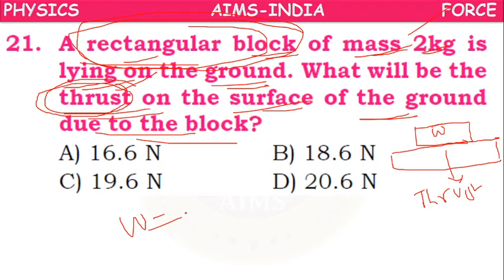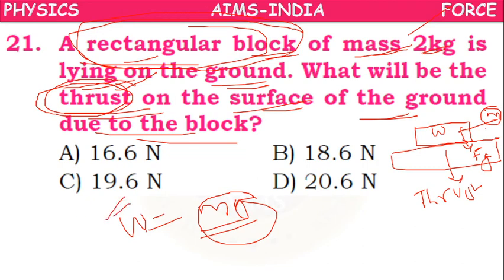What is the formula of weight? The block has its original mass, but that mass is acted upon by the force of gravity. So mg, mass into acceleration due to gravity, is called weight. That amount of thrust will be shown on the ground.